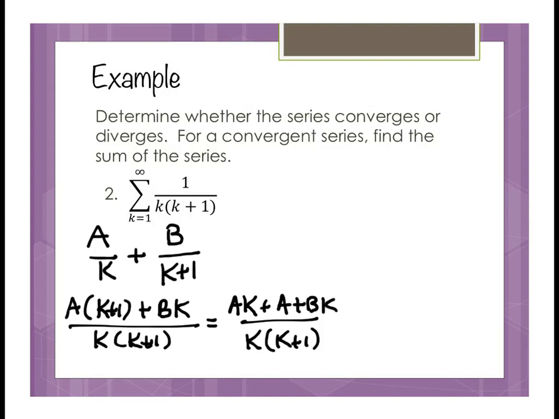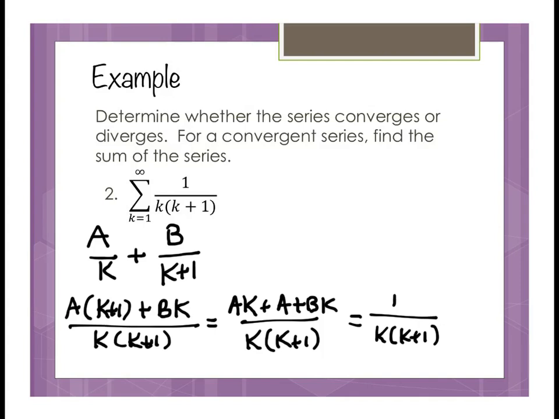Now I'm going to compare that to the first numerator. The denominators match already, but it's the numerator that I'm interested in. All right, so I need the values for A and B to be something that when I put the pieces all together right here, I end up with the number 1.